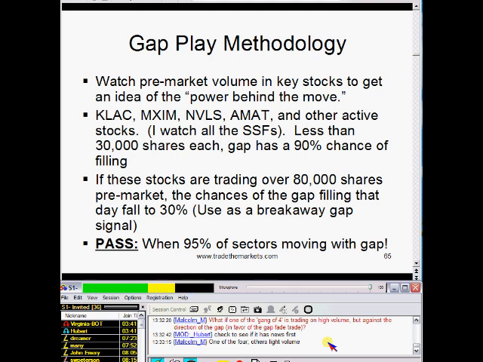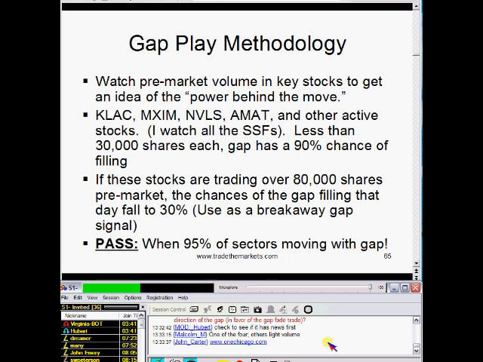Those are the four key stocks I watch, but I also watch, if you go to onechicago.com, that website lists the 95 or so stocks that they list as single stock futures. These are all the big stocks like Microsoft, Intel, and KLAC, Maxim, Novellus, and all those.